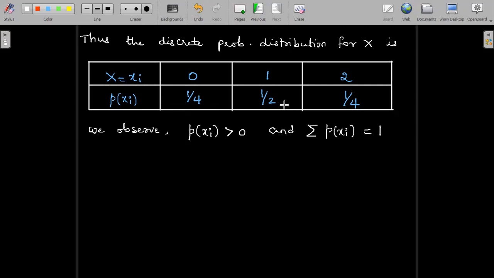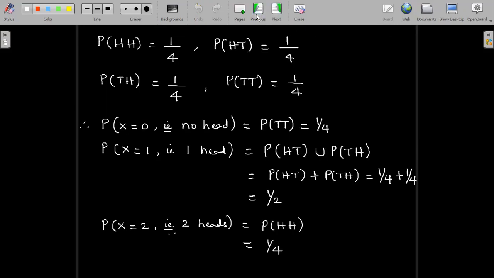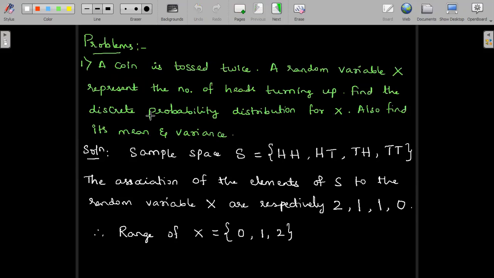When we add up 1 by 4 plus 1 by 2 plus 1 by 4, the sum is equal to 1. Probability can at most be equal to 1, so that is also satisfied. So this was the first part of the problem, which was to find the discrete probability distribution for x. And this table gives us the discrete probability distribution for x.